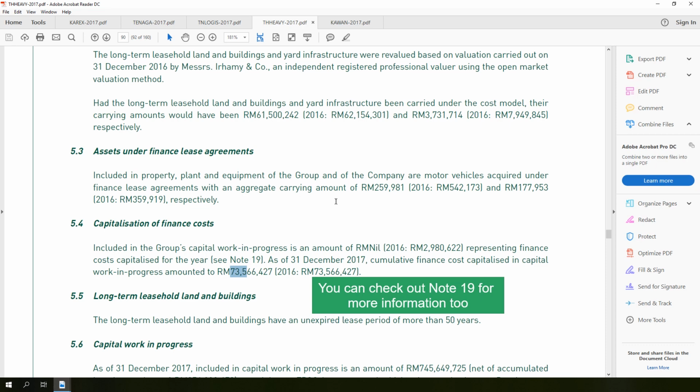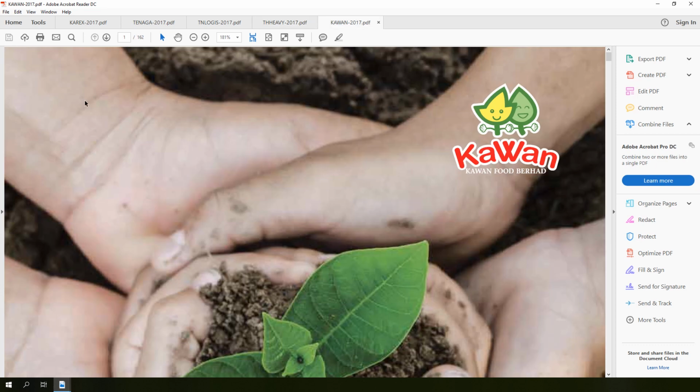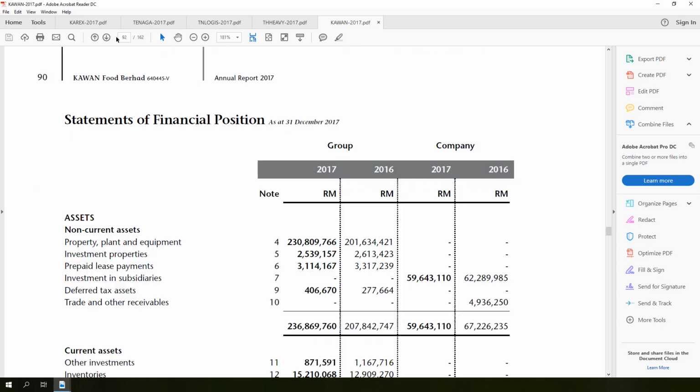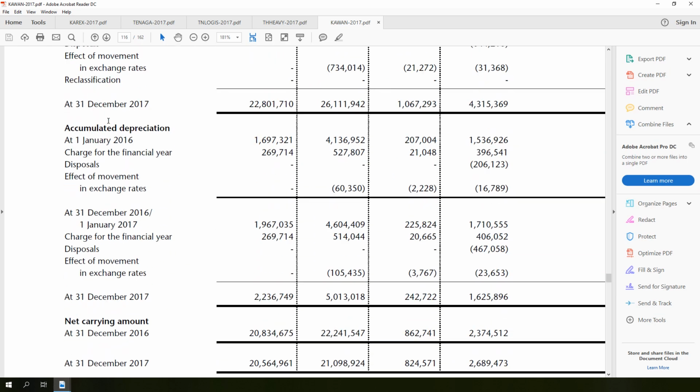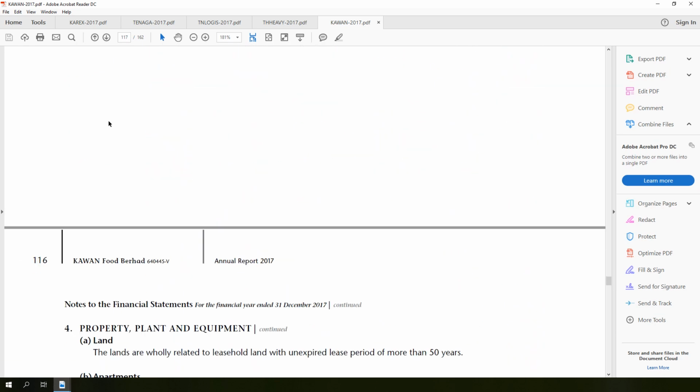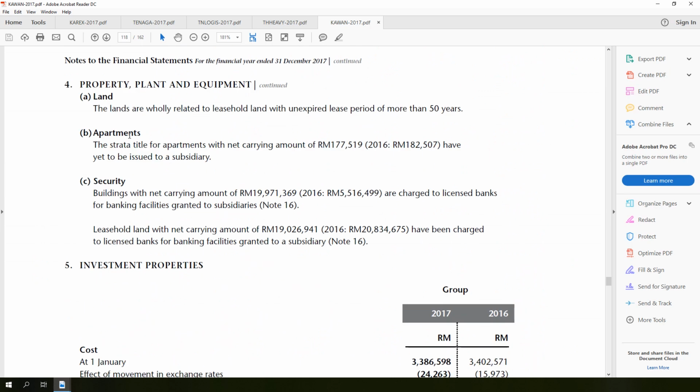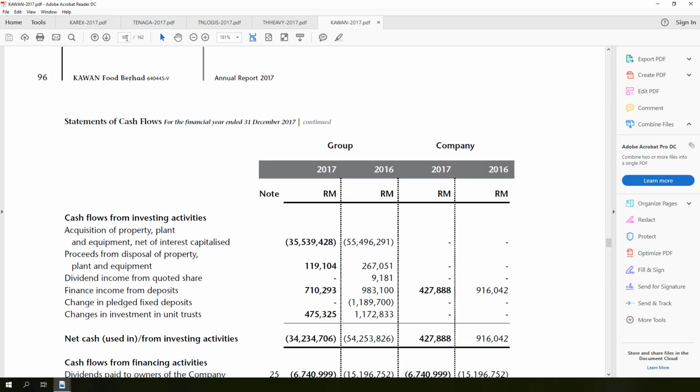The last example is Kawan. Let's go to the balance sheet. Search for property, plant and equipment. Note 4. You won't be able to find any information on capitalized interest here. However, if we go to the cash flow statement, check this out.